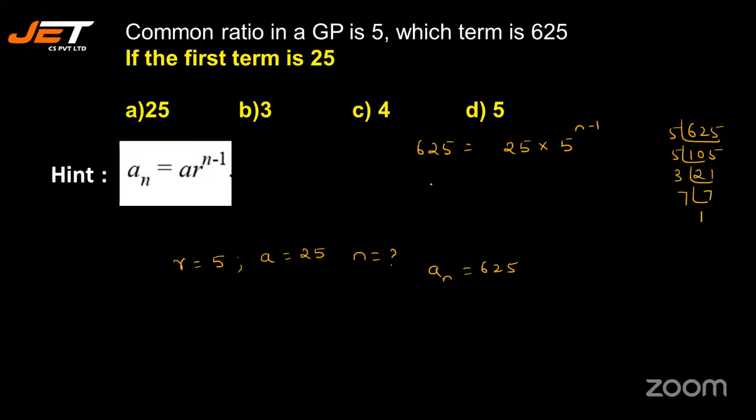So 625 can be written as 5 square into 3 into 7 is equal to 5 square into 5 to the power N minus 1. Now since the base is the same, let's add 5 to the power 2 plus N minus 1.